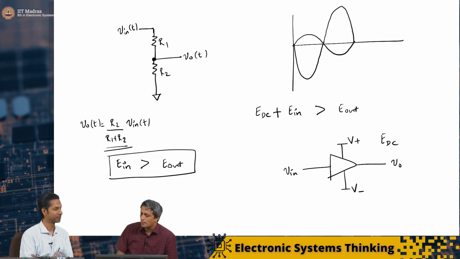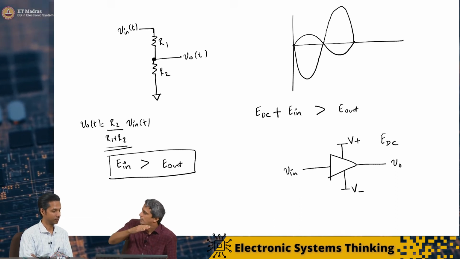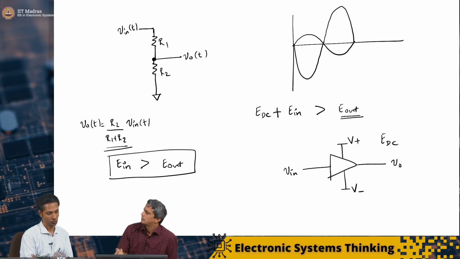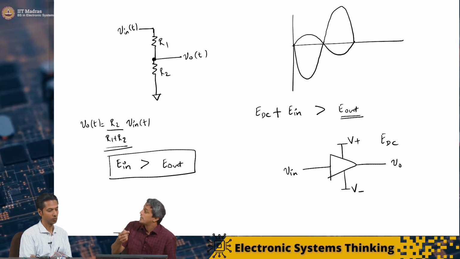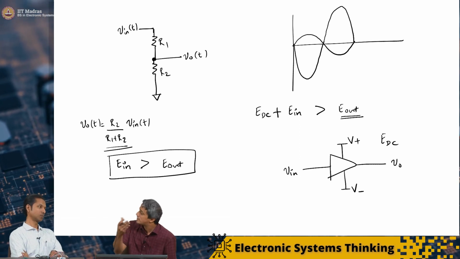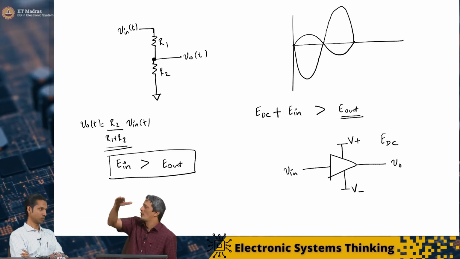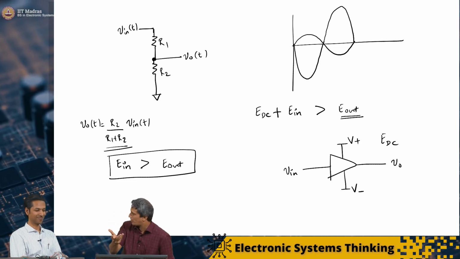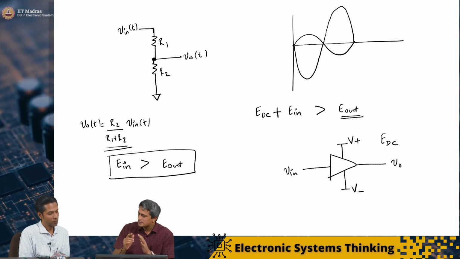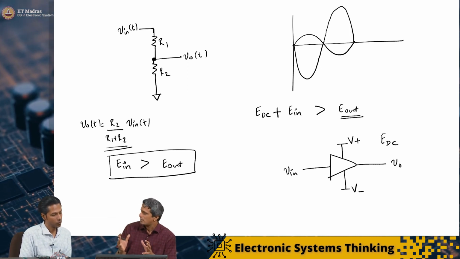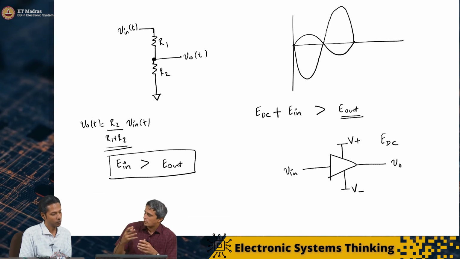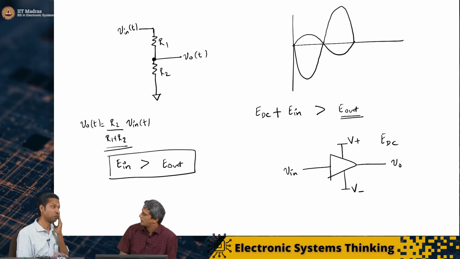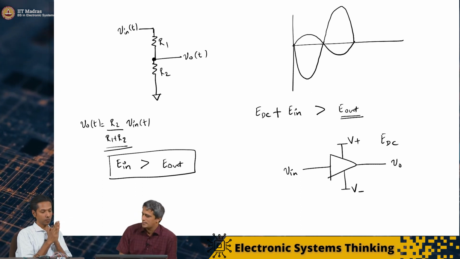It was intact. But beyond the point when we started pushing the input, the E out to remain a sinusoid needed much more energy than what the DC supply could give, and therefore it simply got clipped. Where exactly it clips depends on the internals of the amplifier. We will not go into that. But just as an energy argument, it's possible to appreciate the clipping phenomenon that we actually saw in that table.